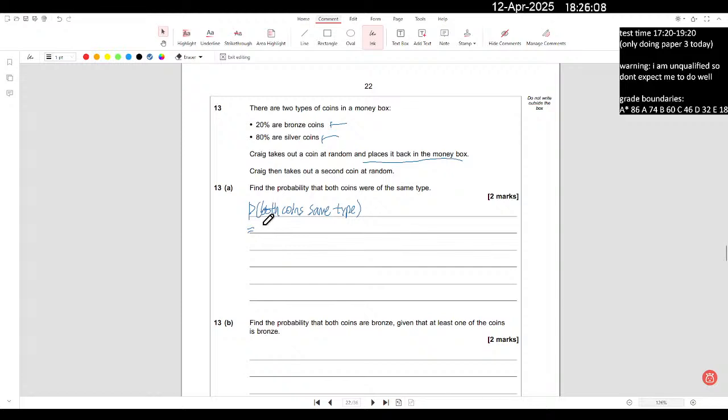So 20/100 times 20/100 plus 80/100 times 80/100, which if you work that out is 17/25.